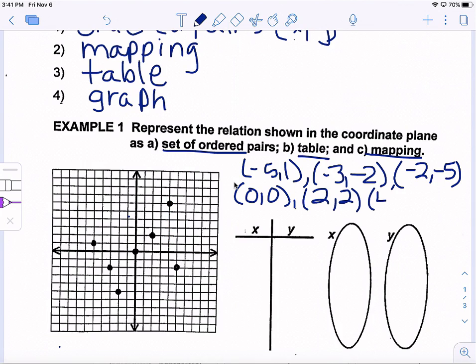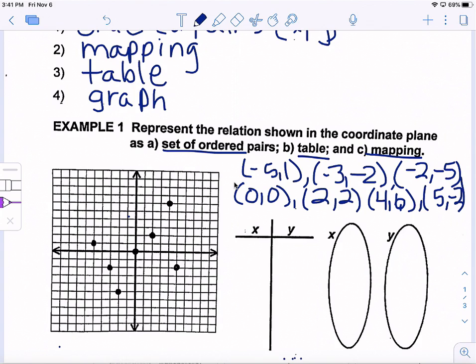That would be 4, 6. And then this last point right here would be 1, 2, 3, 4, 5, and then negative 2. So 5, negative 2.